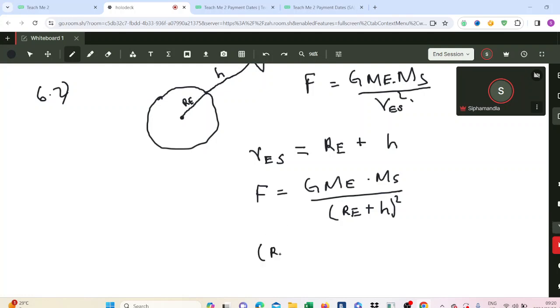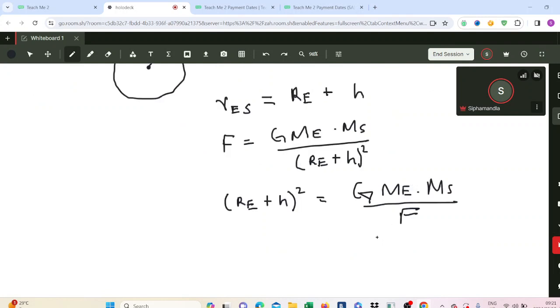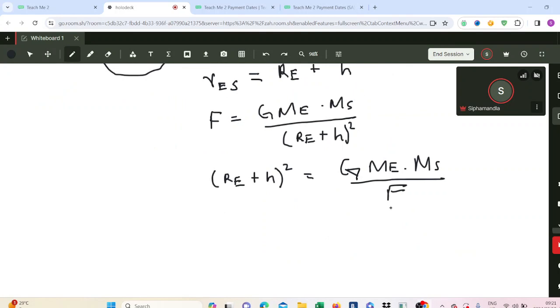So you'll have RE, which is the radius of the earth, plus H squared equal to G ME times MS over F. And then the next step, we have to find the square root on both sides.